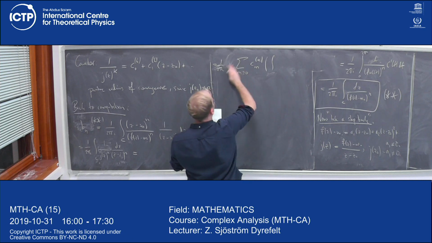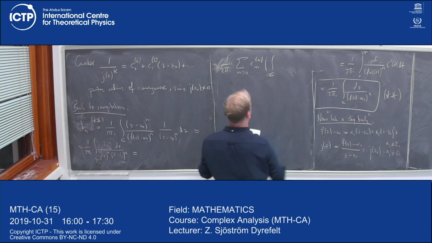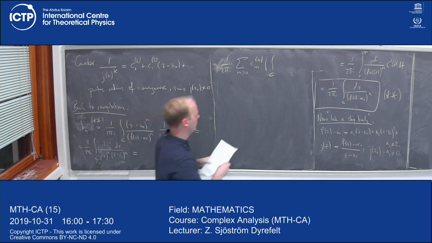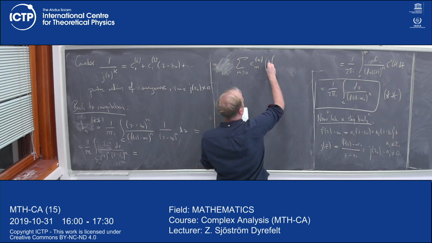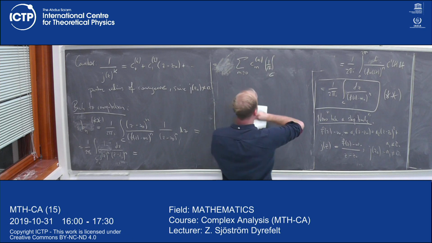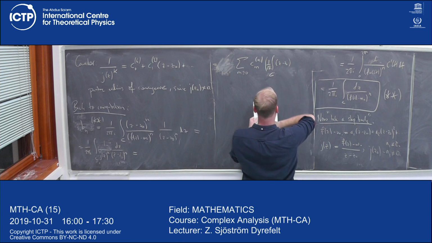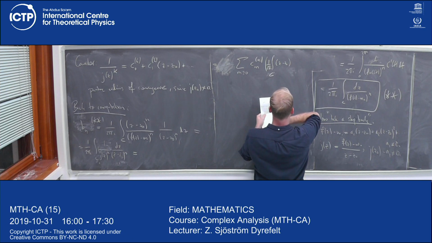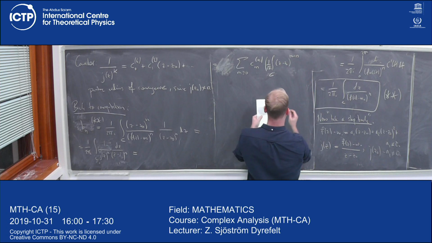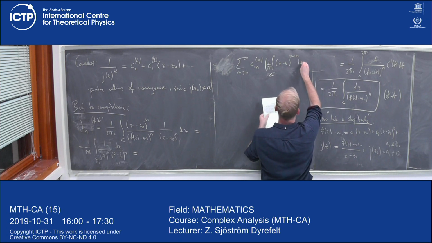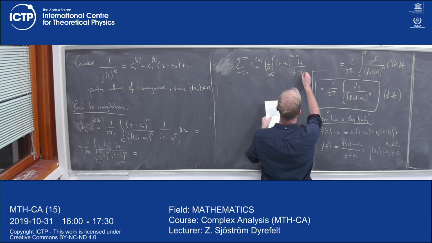Let me write directly that I interchange the order of the sum and integration. This is what we want to do. Then I want to put the 1 over 2 pi i in here. And I want to say that this is z minus z0 to the power m minus n times dz.